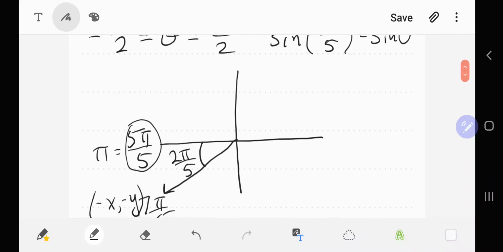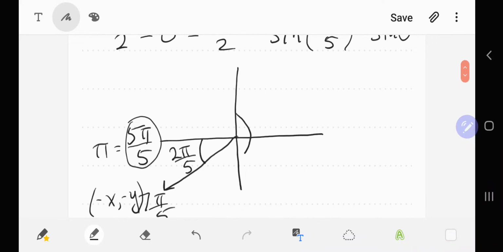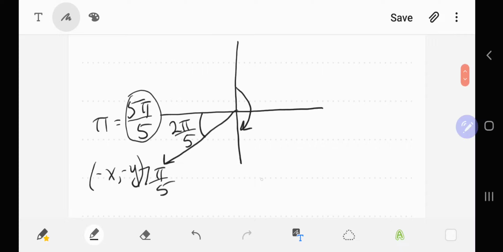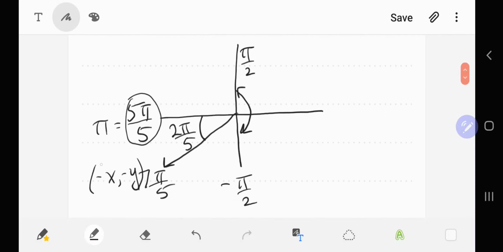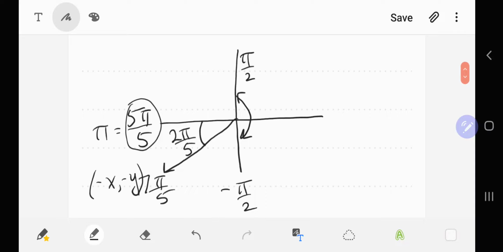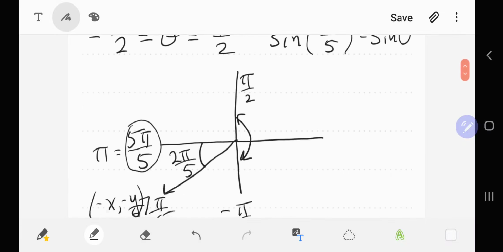So we're going to need an equivalent angle in the range of negative pi over 2 to pi over 2 that's going to have the same y value, since we're talking about y, sine.